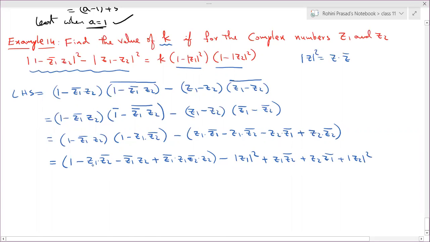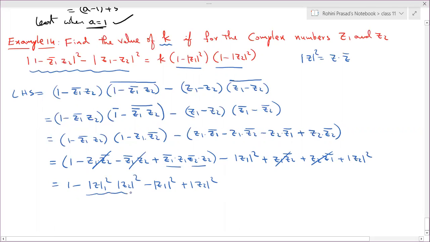And if you see, Z1 Z2 bar with minus and plus get cancelled, Z1 bar Z2 with minus and plus get cancelled, and it is 1 minus mod Z1 square, mod Z2 square, and then minus mod Z1 square plus mod Z2 square.